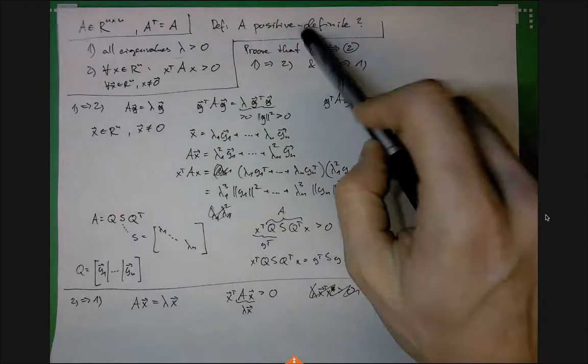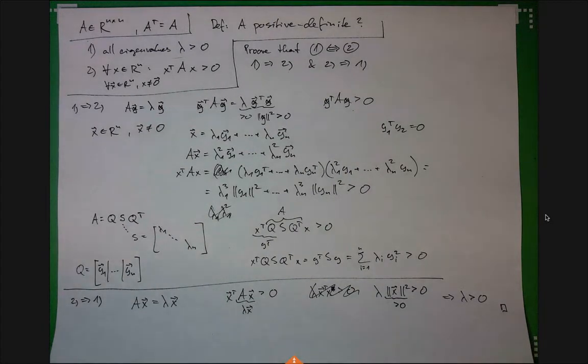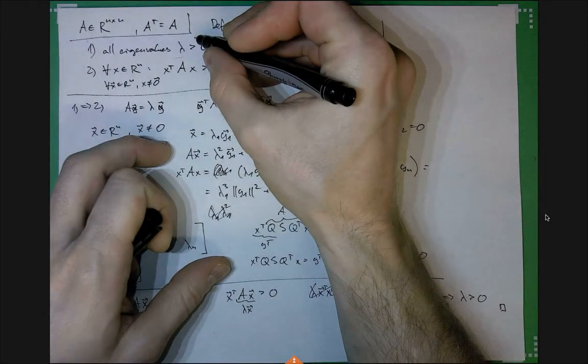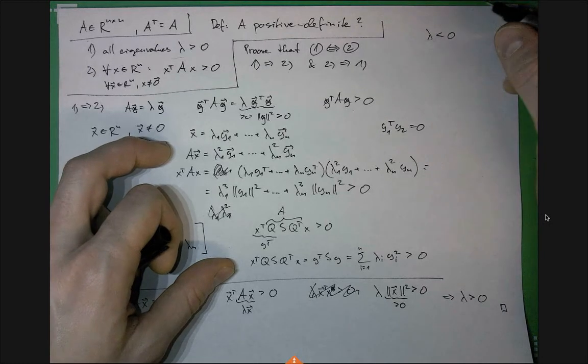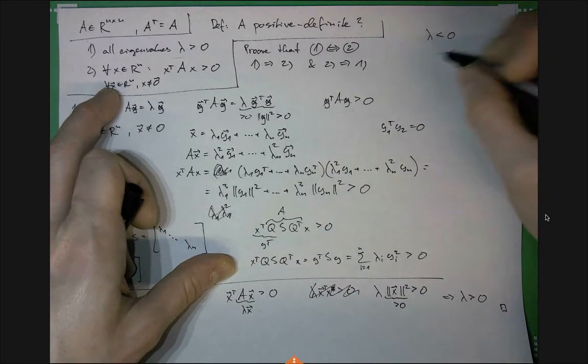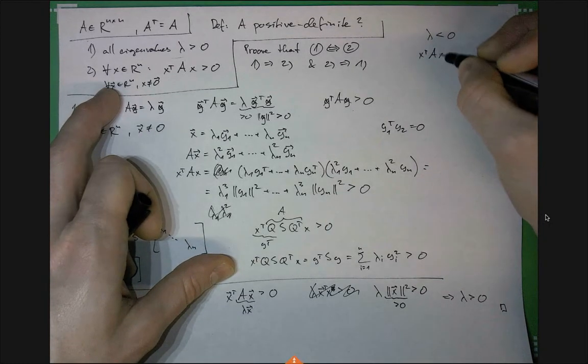So what was the deal with negative definite matrices? What would change? Sorry? Less than 0, right? So if I wanted negative definite, I would say lambda is strictly less than 0. What would change in number 2? x^T A x.